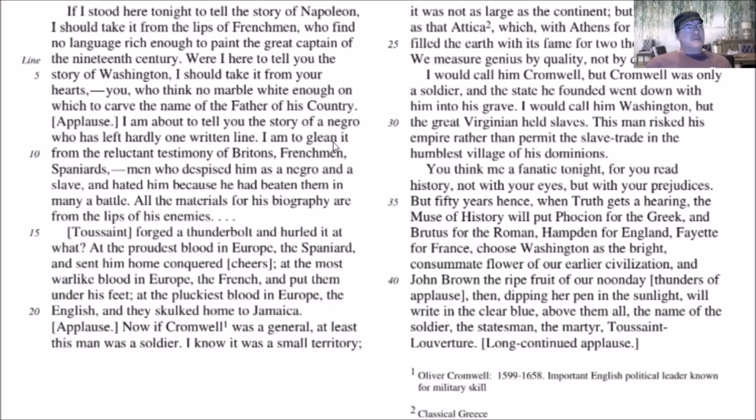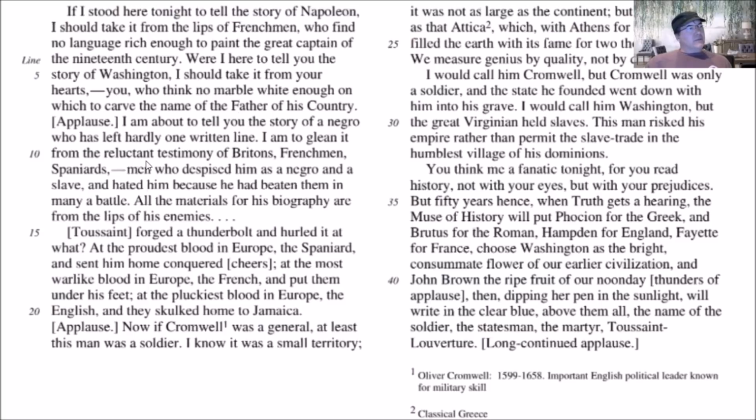And emphasizing himself as someone who is genuinely involved in promoting this man that many people have never even heard of. He speaks directly to his audience with second person, "you who think no marble wide enough," again to create patriotic appeal, to connect with the audience.